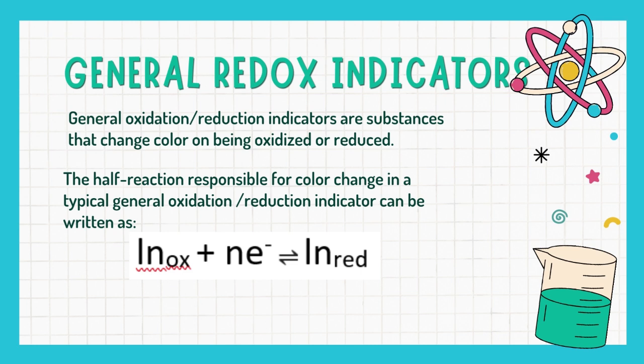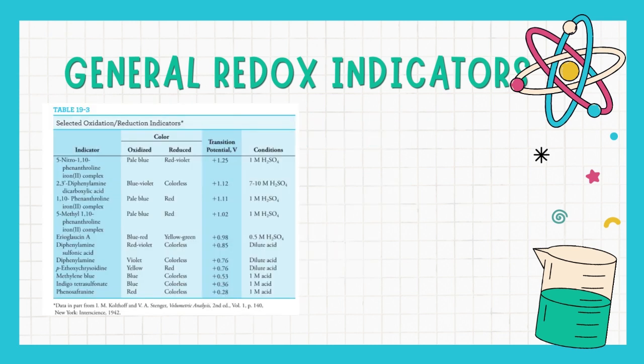The half reaction responsible for color change in a typical general oxidation reduction indicator can be rewritten as this. Next, here's a list of potentials for several redox indicators.